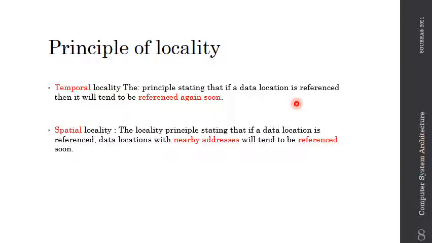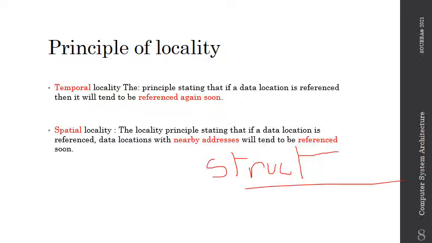Then we have spatial locality. This means that if I'm trying to access something in the memory, most probably I'm going to access something that is around it. One of the examples we imagined throughout the lecture with your colleagues who attended: I asked them to think about a structure that uses spatial locality, and some correctly answered an array.